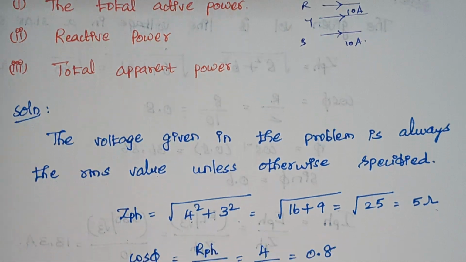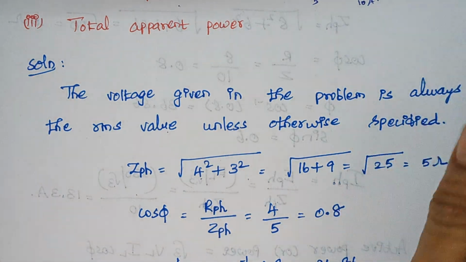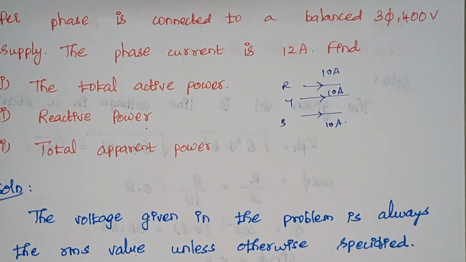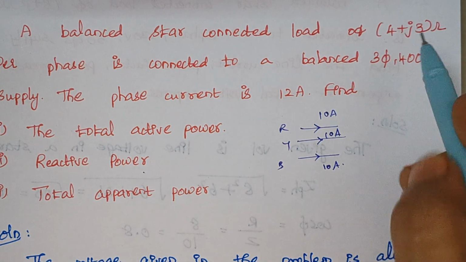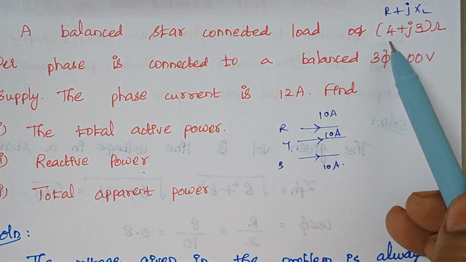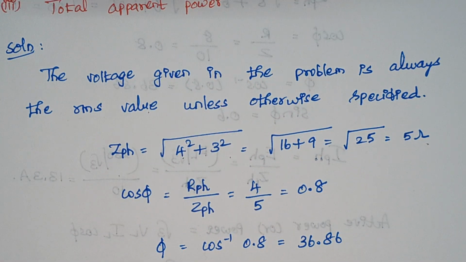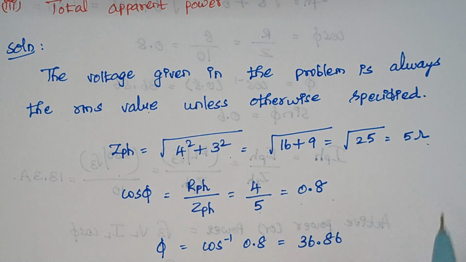Then the formula for cos phi, that is power factor, is R by Z. This is nothing but R plus jXL, so the value of R is 4. So 4 divided by the impedance value, which is 5, gives you 0.8.